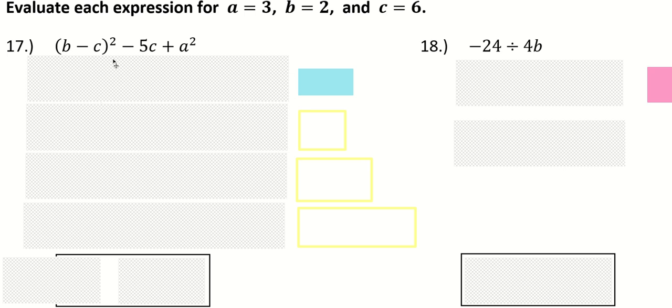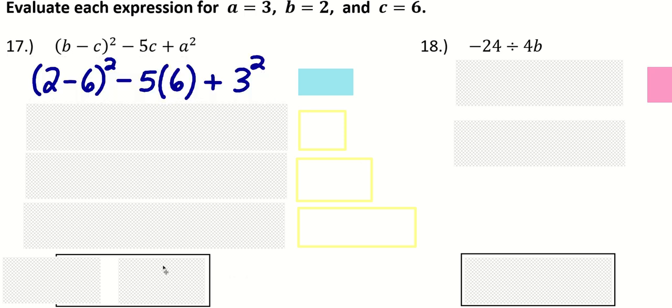So the very first thing you do, without making any silly mistakes, is substitute 2 for any B, 6 in for any C, and 3 in for any A.